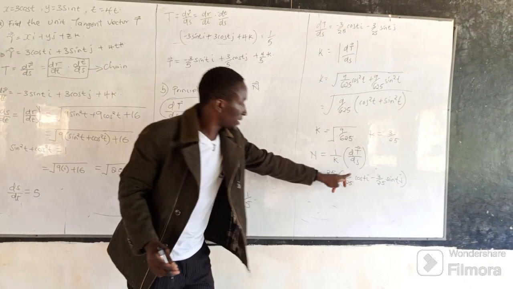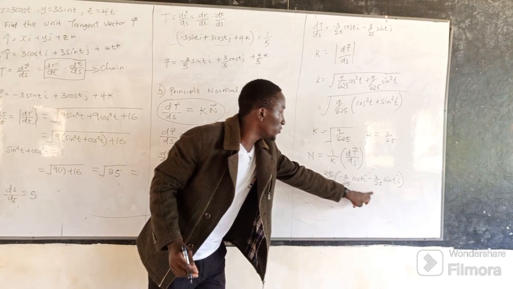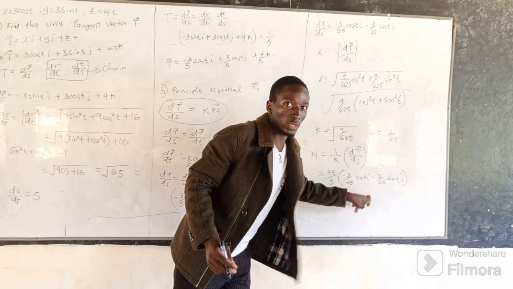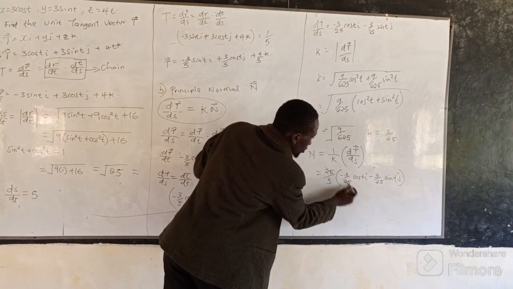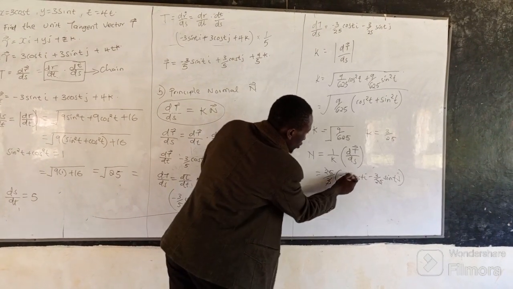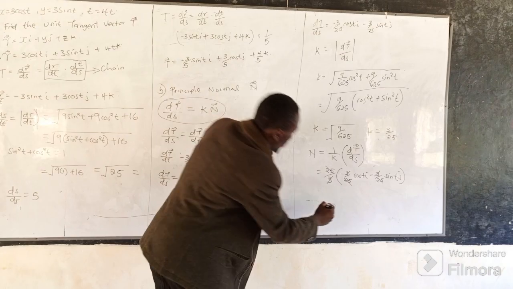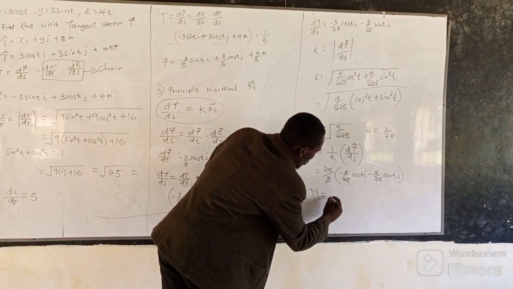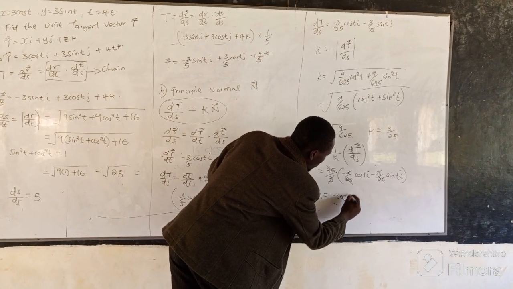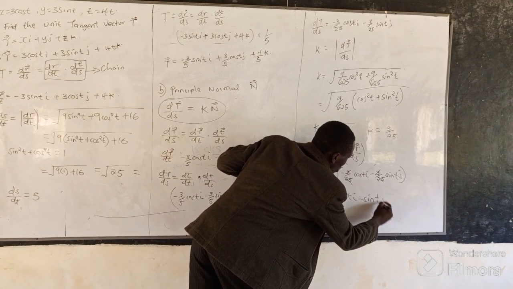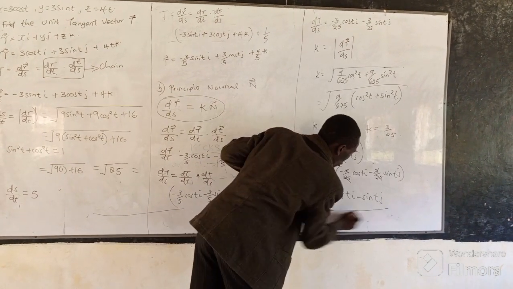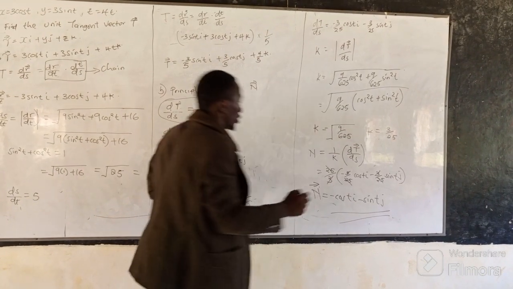But this 3/25 is a common divisor in the equation. Now I can cancel: the 25 goes with these 25s and this 3 goes with this 3. Now it remains with N is equal to negative cos t i minus sin t j. This is the value of N, our principal normal.